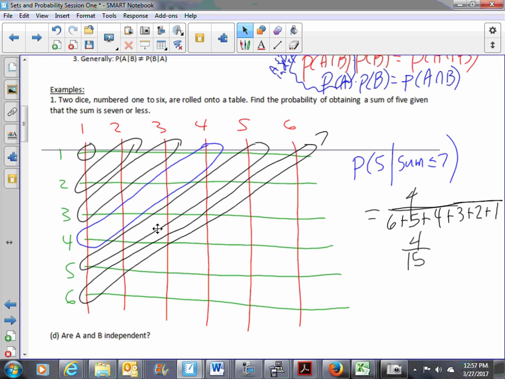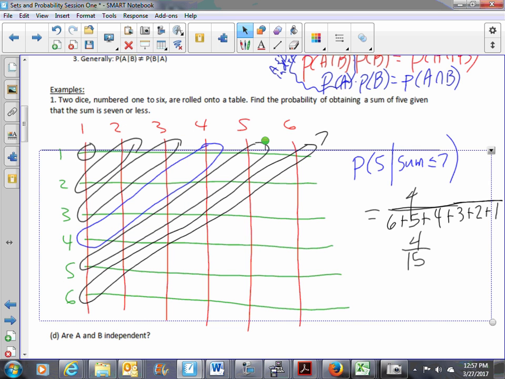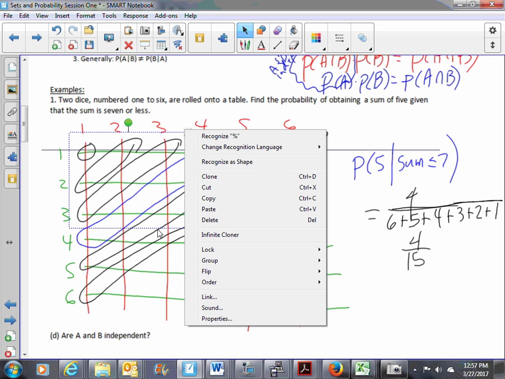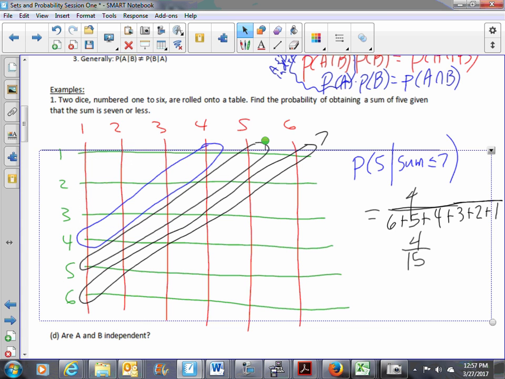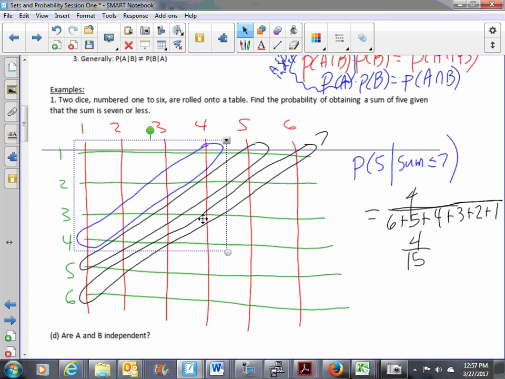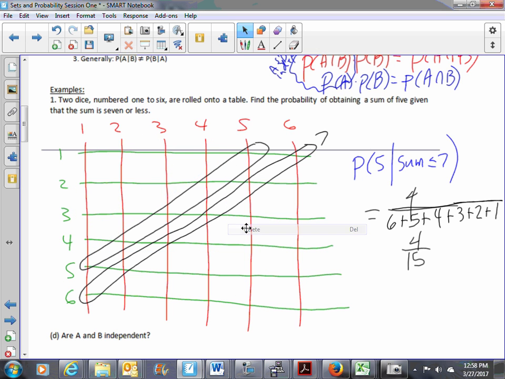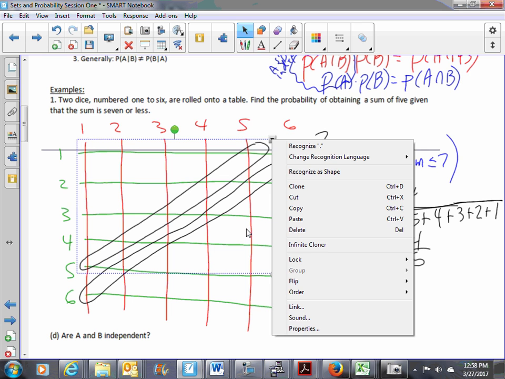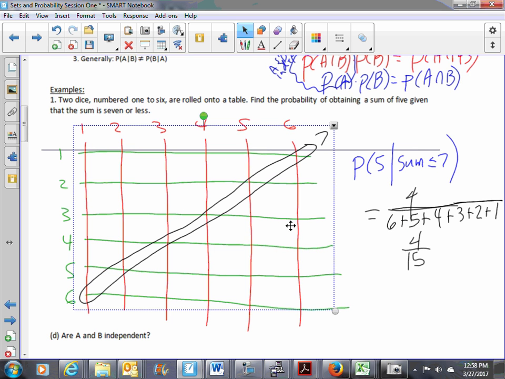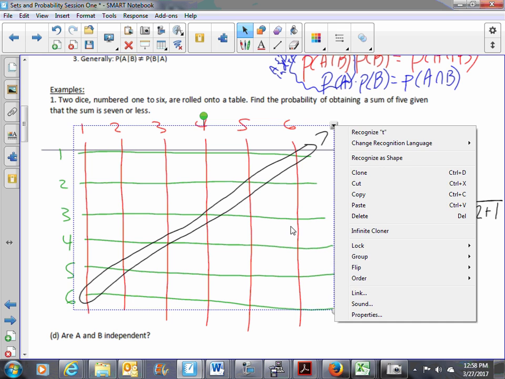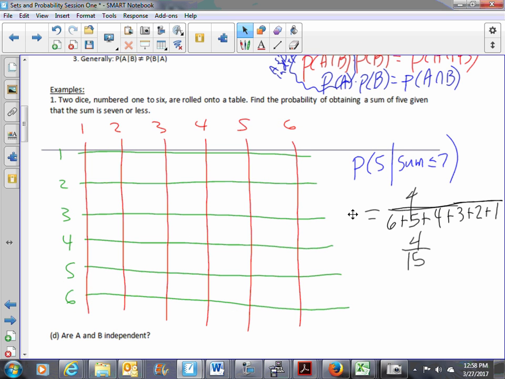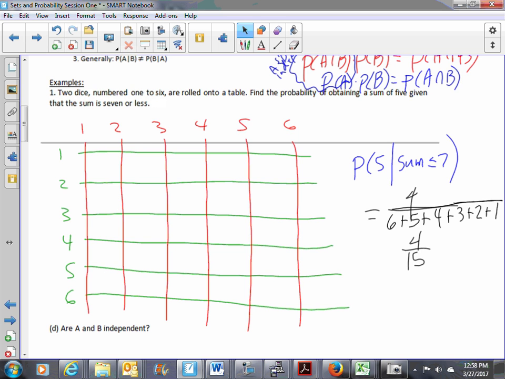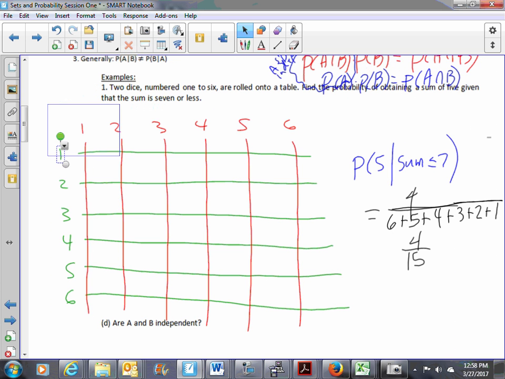Now, I'm going to keep this grid, but I need to get rid of these ovals. So let's see if I can do that. Okay, no, not that. I need to select all of this. Can I get it that way? There we go.